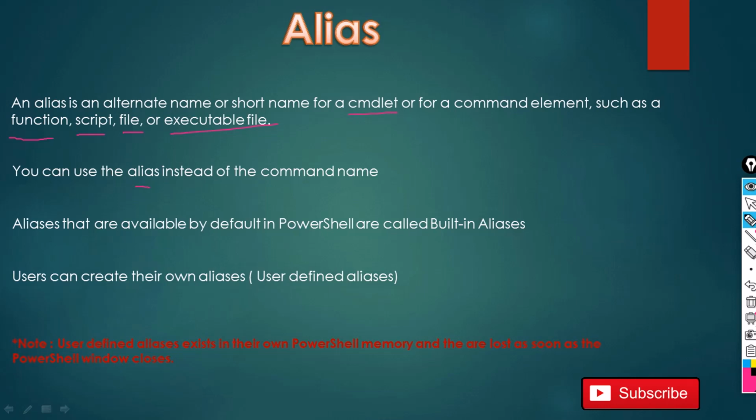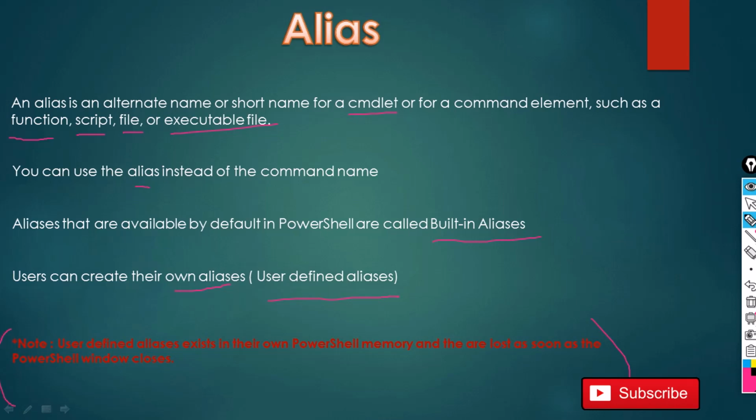Aliases that are available by default in PowerShell are called built-in aliases. When you install PowerShell, it has some aliases built into it by default. An end user dealing with PowerShell can also create their own aliases, and those are called user-defined aliases.